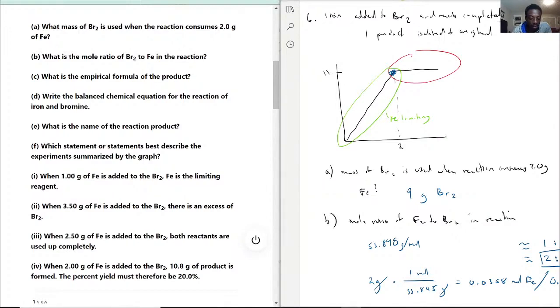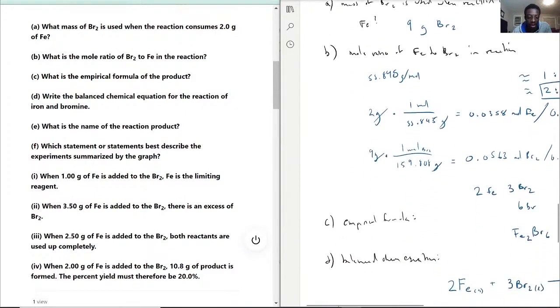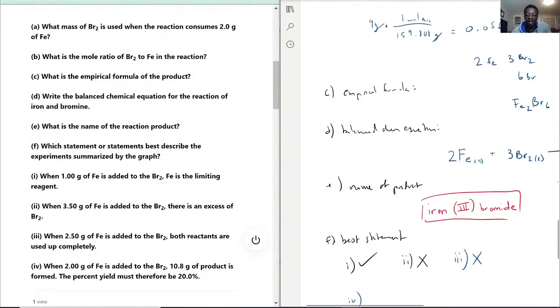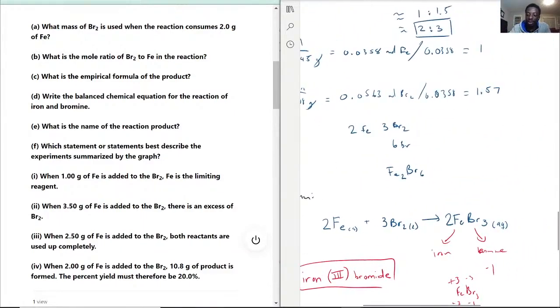Percent yield is based on how much was actually formed versus the theoretical value. So 2 grams of iron, as we saw here, was this many moles. Using this formula, we see that it's a 1-to-1 ratio, so we would get the same 0.0358 moles of this.